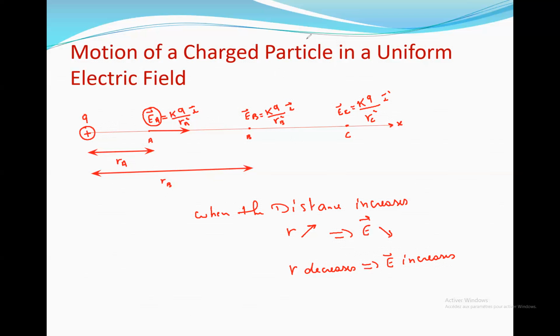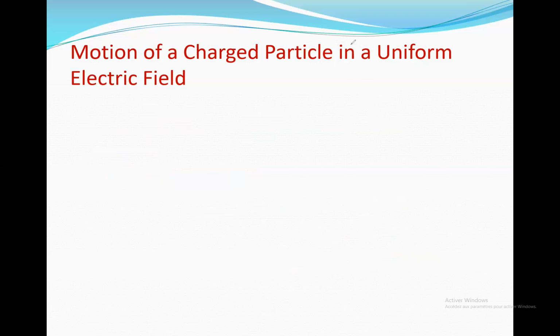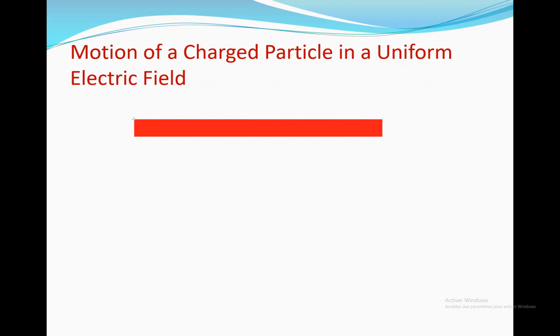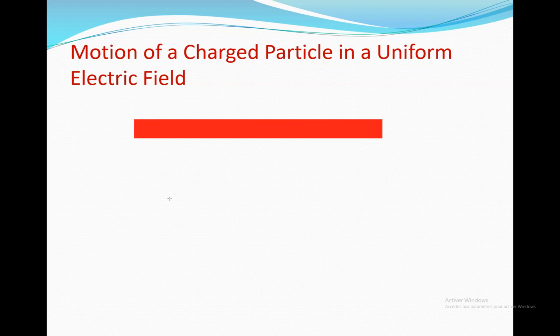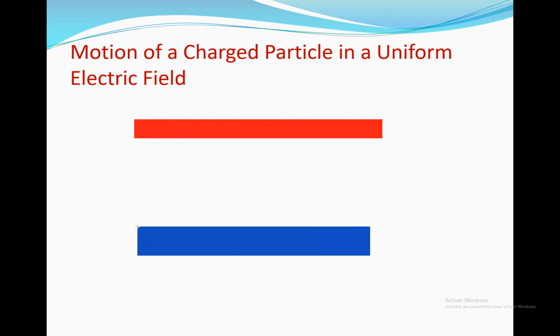Okay, how can we create a uniform electric field? Let's take two plates. This one we can take like this, and we have a positive.